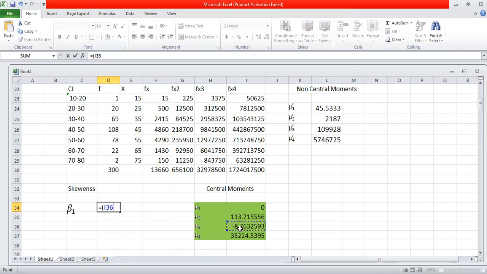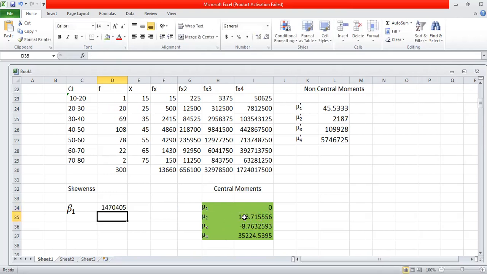So mu3 square divided by mu2 cube, mu2 into mu2 into mu2.